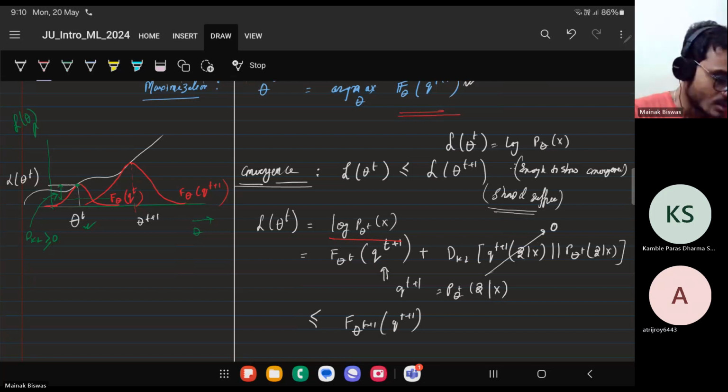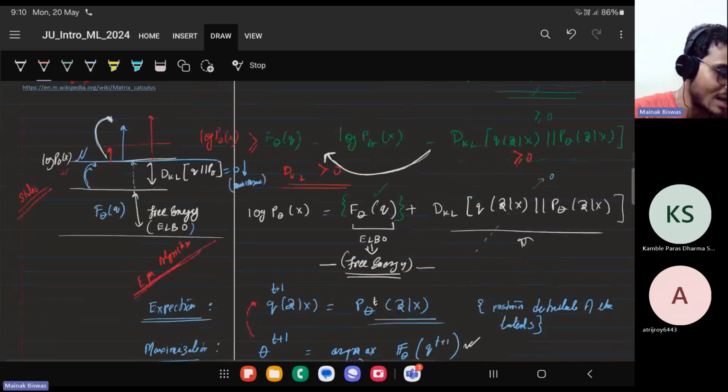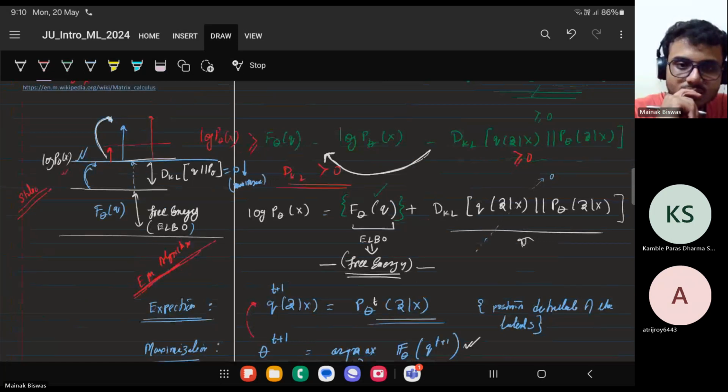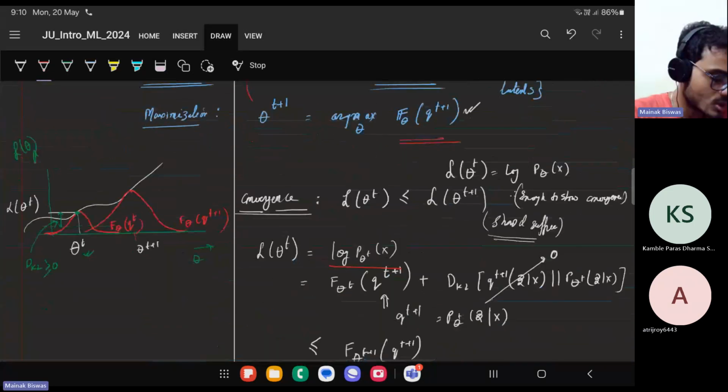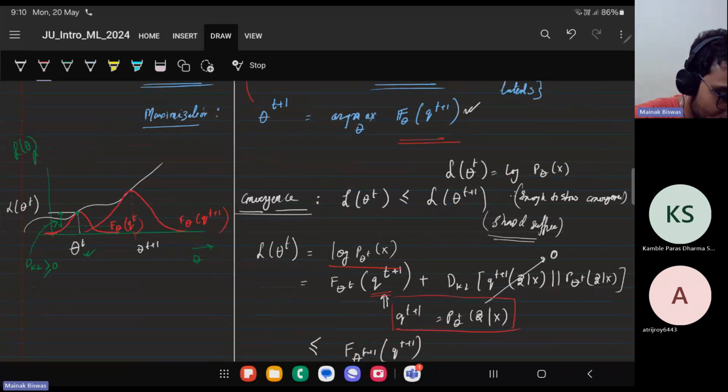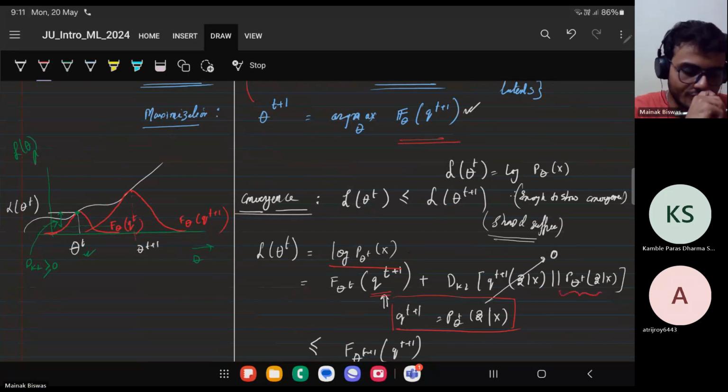Yes. So that is equal to, we derived, ELBO plus the KL divergence. Good. So if I put the value of q t plus 1, which we have set from the expectation step to be equal to p theta t, we get 0, right?